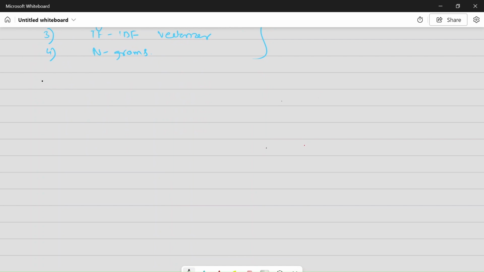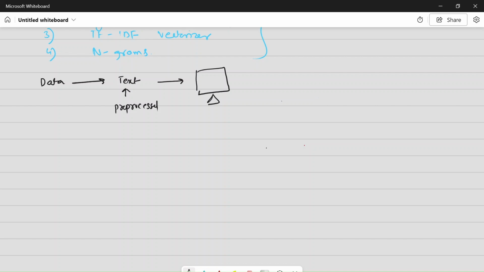We have data, then we do some kind of pre-processing, and now we get the pre-processed text. Now this pre-processed text, our computer will not be able to understand. Will the computer understand? No.